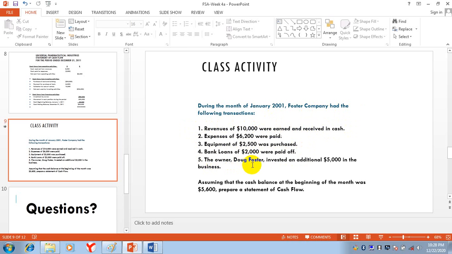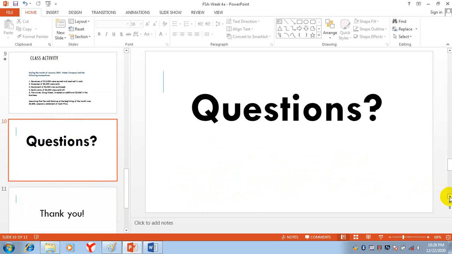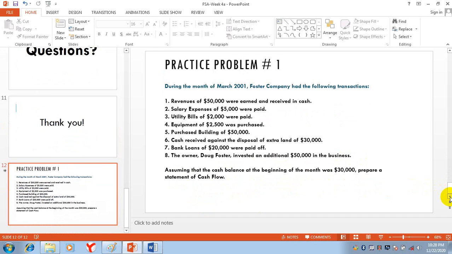The owner, Doug Foster, invested an additional 5,000 in the business. Assume that the cash balance at the beginning of the month was 5,600. Prepare a statement of cash flow. This will be your homework. You will prepare this and send it to me, and you will also solve this other question.